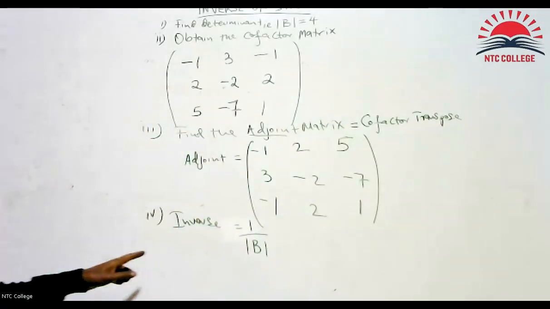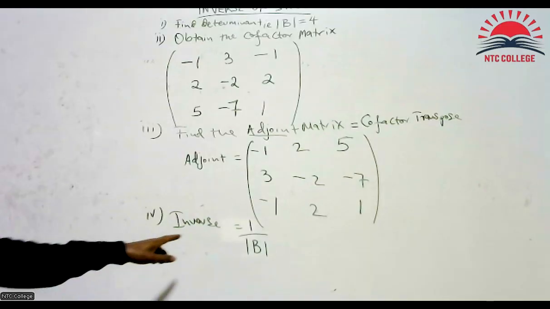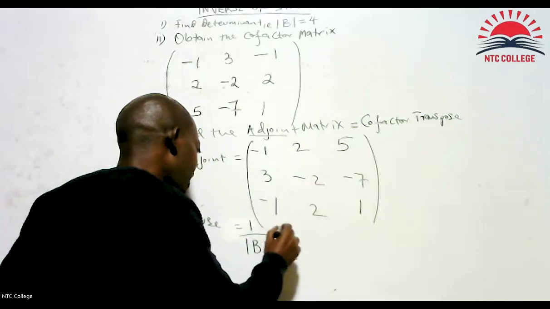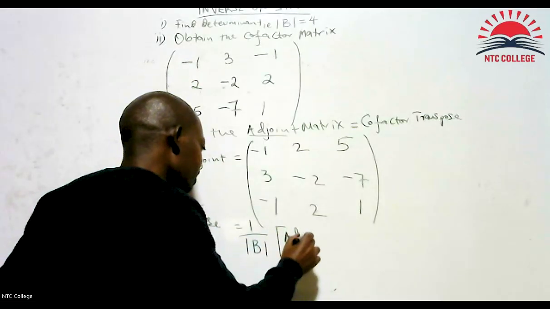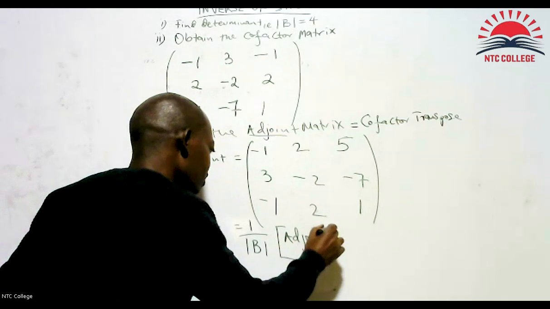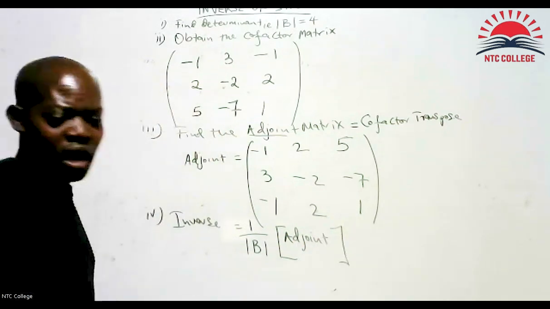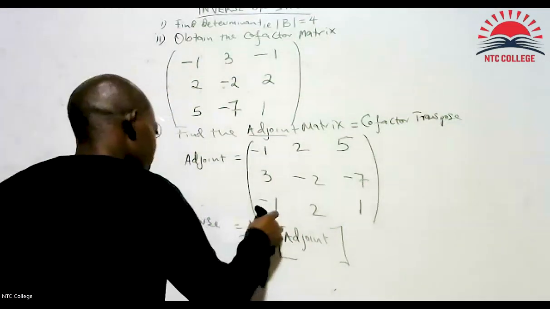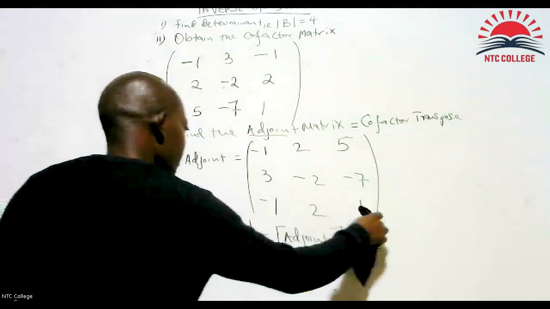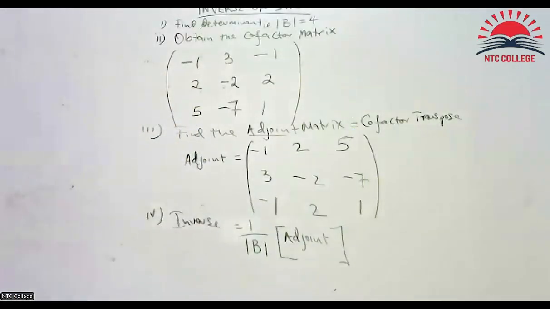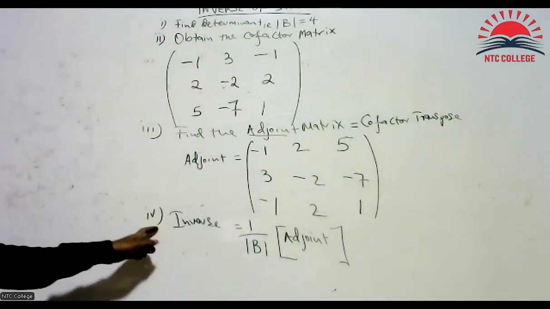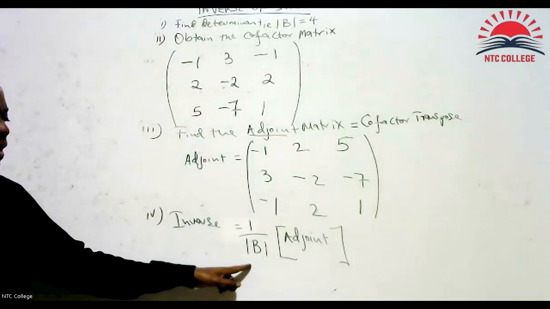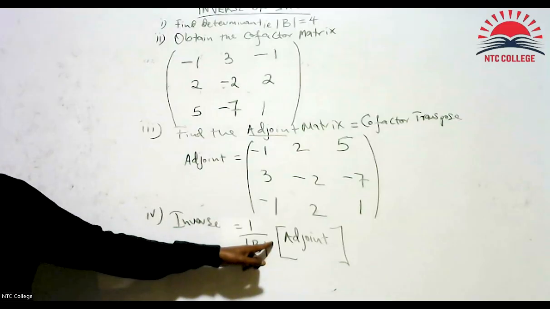The inverse of the 3-by-3 matrix is equivalent to 1 all over the determinant multiplied by the adjoint. And that is how simple our work can be made.